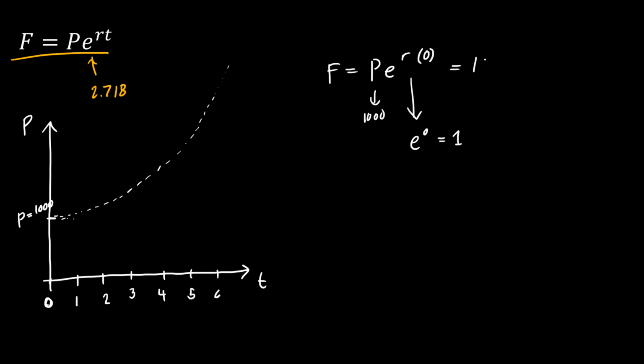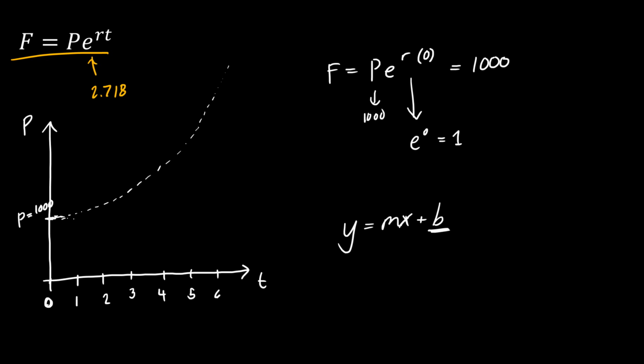That means P remains, and we get a value of 1000 here. I'm showing you this so you see that P represents where this trend line of exponential growth intersects the y-axis, sort of like an analogy, but don't be confused.